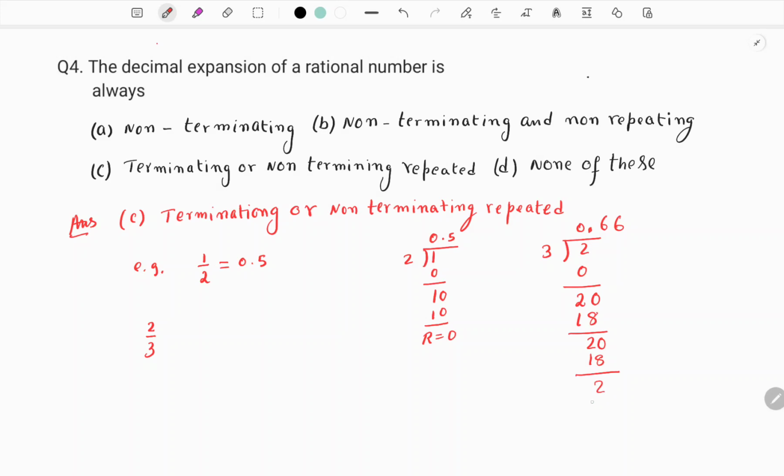So this one will keep on repeating like this, and in this case the remainder is not equal to 0. But this decimal keeps on repeating. So here 2 by 3 can be written as 0.6666 and so on, with no terminating decimals, but the decimals keep on repeating. So here the correct option is C, terminating or non-terminating repeating.